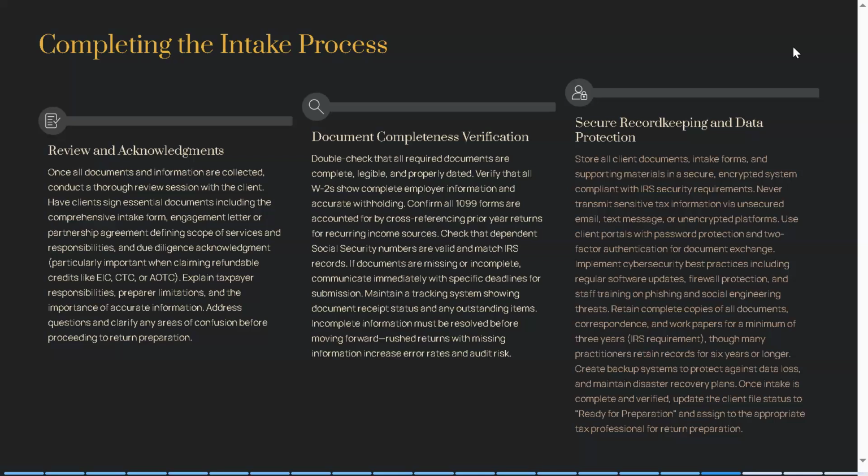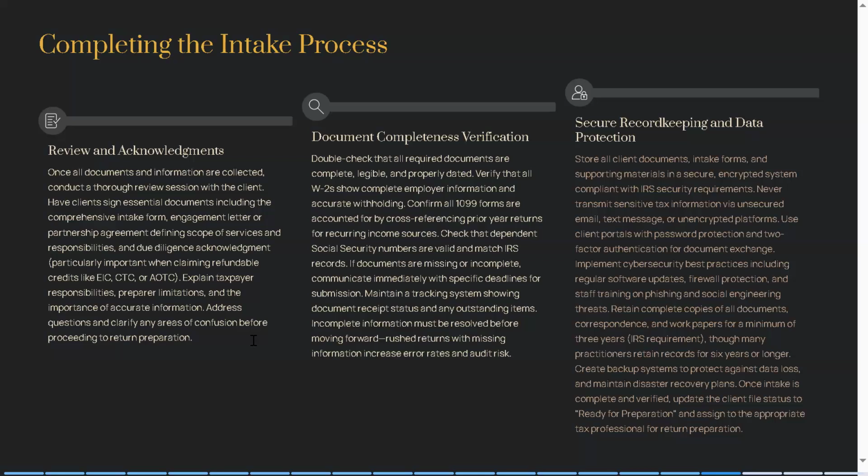Document completeness verification: double check that all required documents are complete, legible, and properly dated. Verify that all W-2s have complete employer information and accurate withholding. Also, I cannot stress enough to make sure that the current year that we're filing for is on the tax forms.